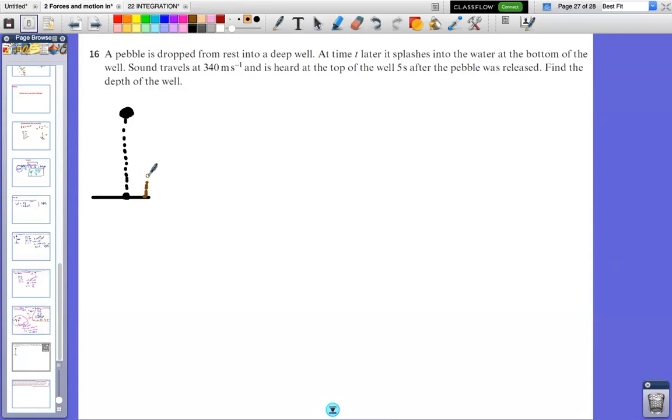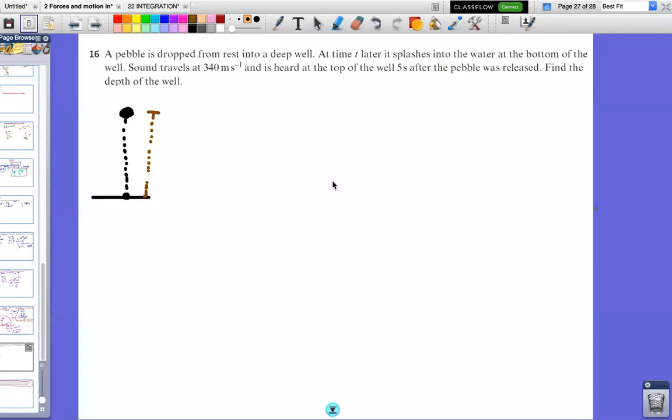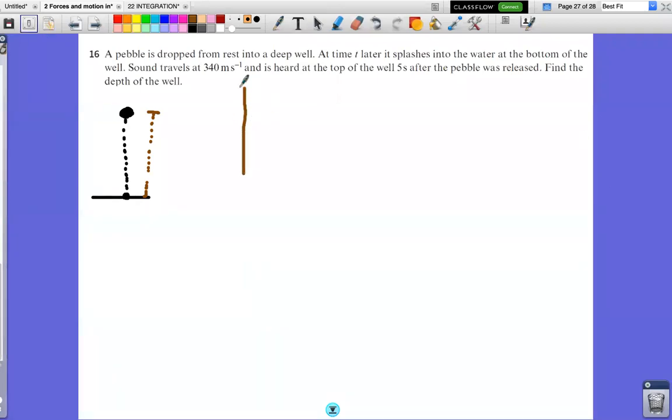This sound now travels up and is heard here 5 seconds after the pebble was released. You see, this problem is similar to a problem we looked at a while back. The distance traveled by sound is the same as the distance traveled by the pebble. All right?